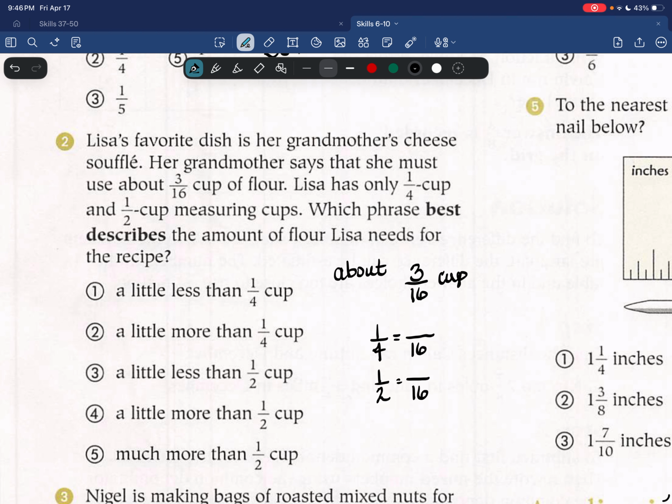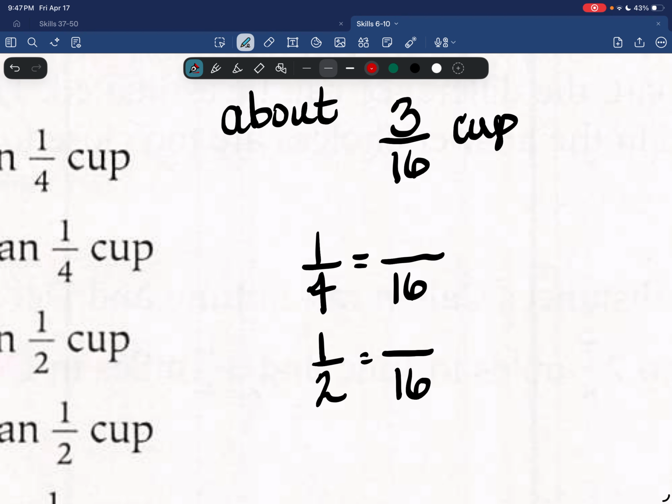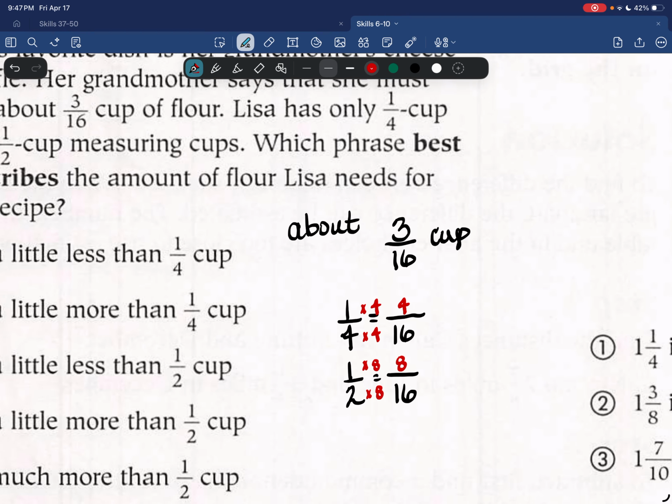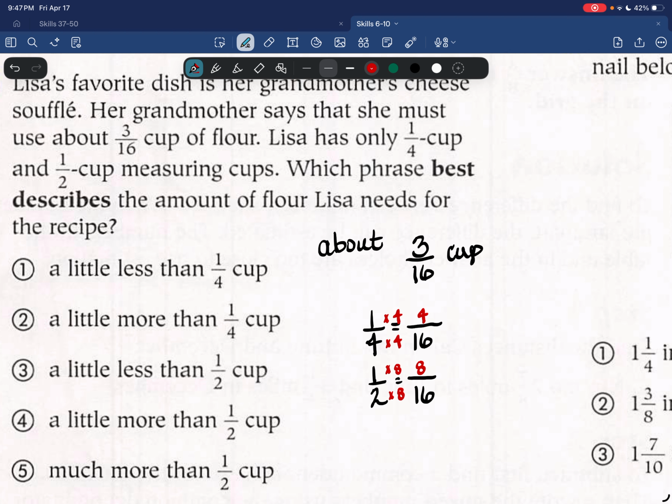In other words, let's level the playing field so that everybody's in terms of 16ths. I know that 4 times 4 is 16, so 1 times 4 is 4. 2 times 8 is 16, so 1 times 8 would be 8/16. Which of these is nearer to the 3/16? Well, 4/16 is closer than 8/16. So I am not going to worry about this one. That one is bigger than what I need.